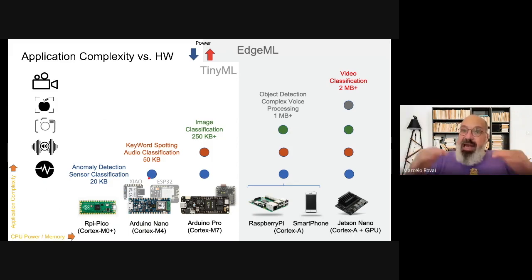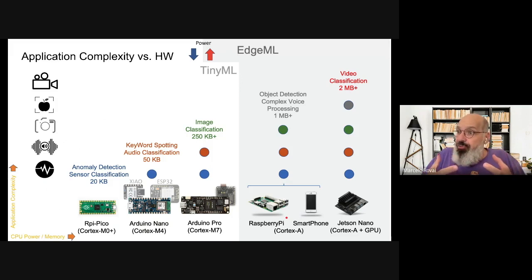But besides the EdgeML umbrella, you can also find Raspberry Pi, smartphones, or Jetson Nano, which are hardware where, when you look at the CPU, the core is a Cortex-A, for example, ARM Cortex-A.